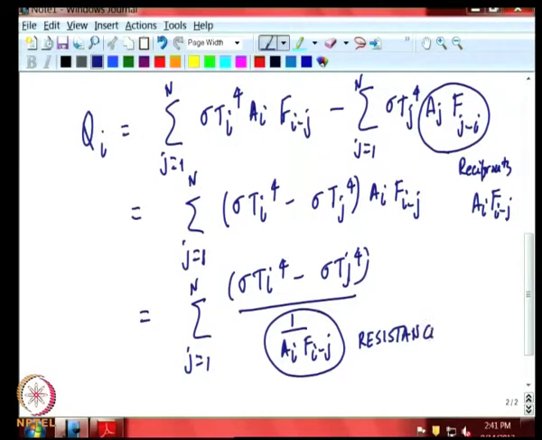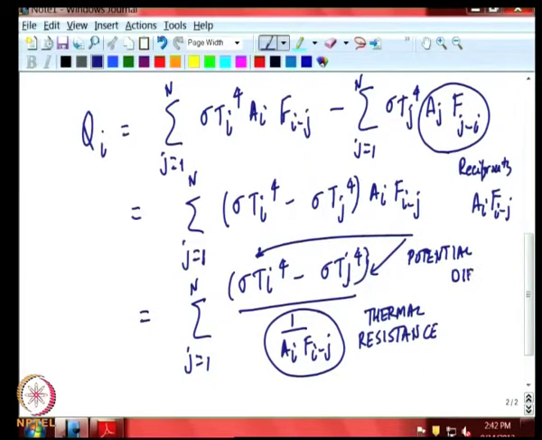So, you look upon this as a thermal resistance to radiation, and this term really is the potential difference.